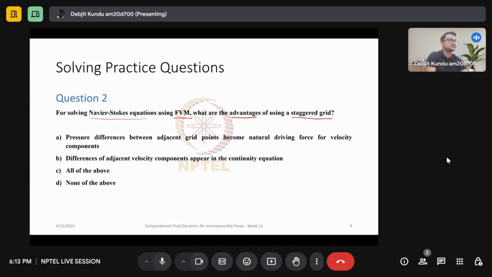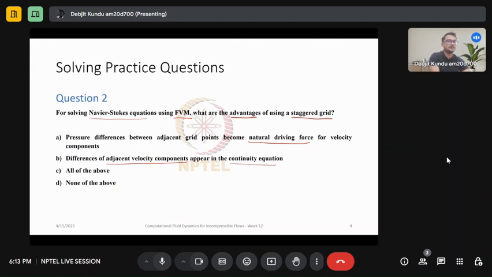The options being option A, pressure differences between adjacent grid points become natural driving force for velocity components. Then statement B says that difference of adjacent velocity components appear in the continuity equation.